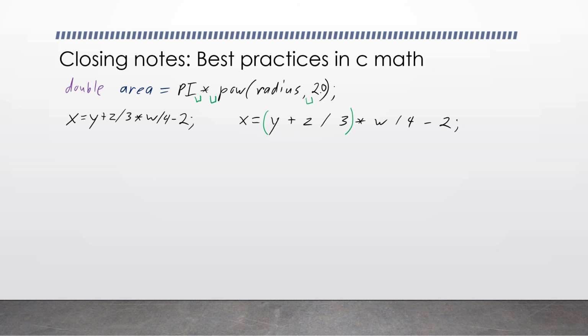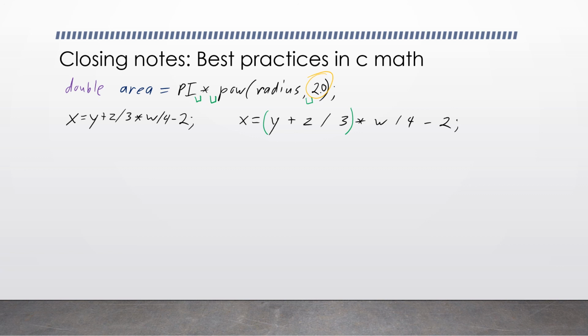Finally, once again, an admonition to avoid magic numbers. In my area formula up at the top, this power of 2 is a magic number. As it happens, pretty much everybody knows that the area formula for a circle is pi r squared, so you don't need to define a constant for the power of the radius.